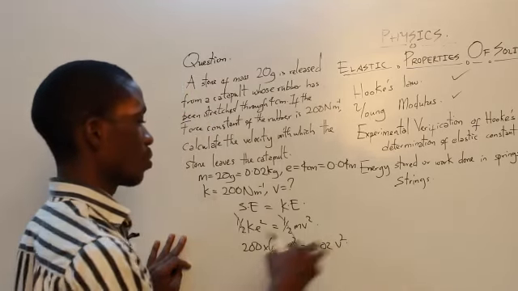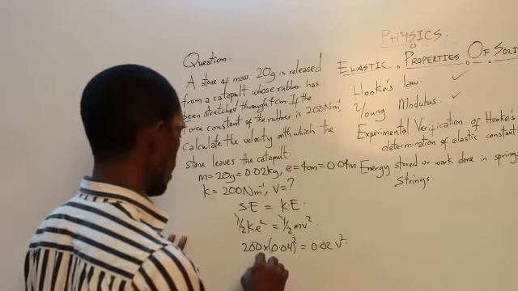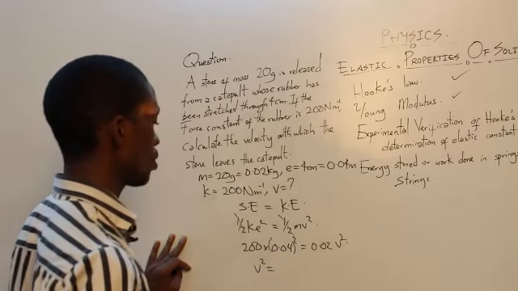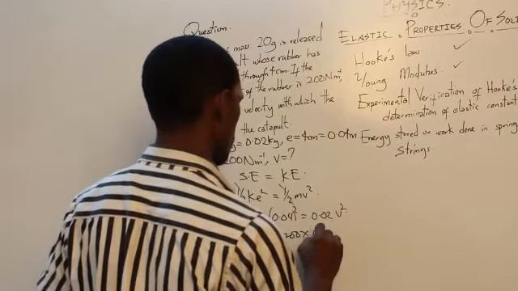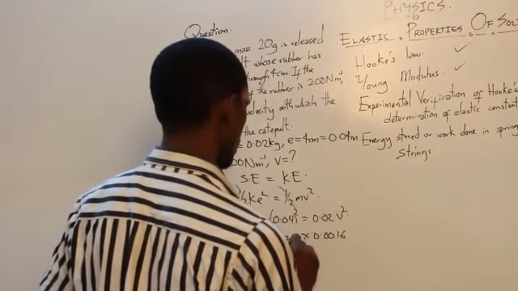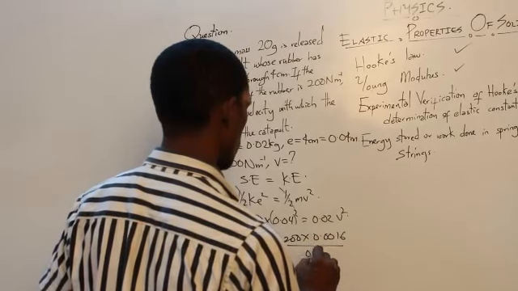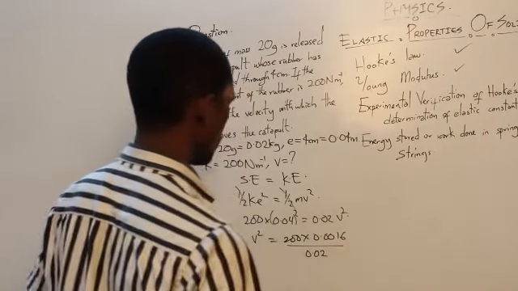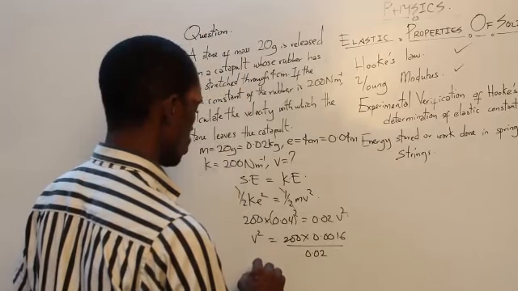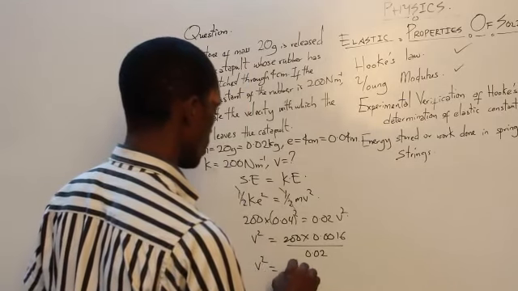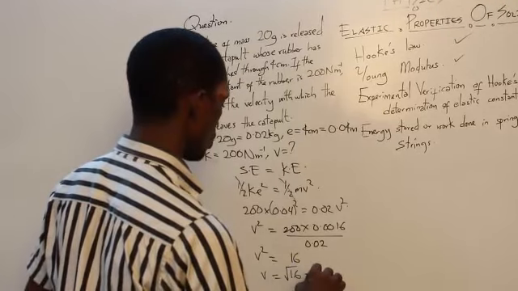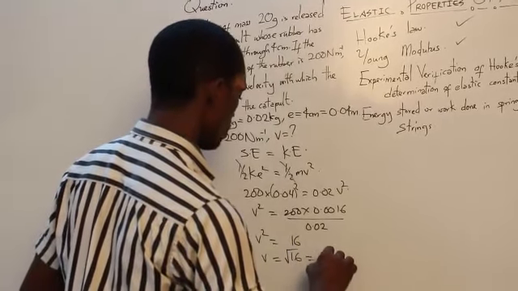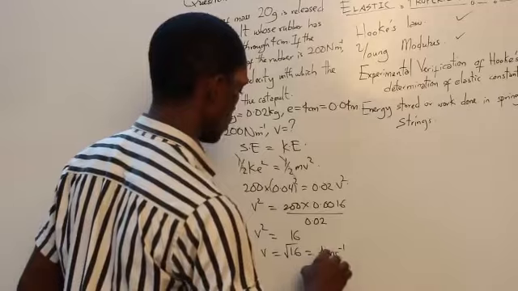So moving things around, making v the subject of formula, v squared equals 200 multiplied by 0.0016 divided by 0.02. When you use your calculator, you have v squared equals 16, so v will be equal to the square root of 16, which is equal to 4 meters per second.